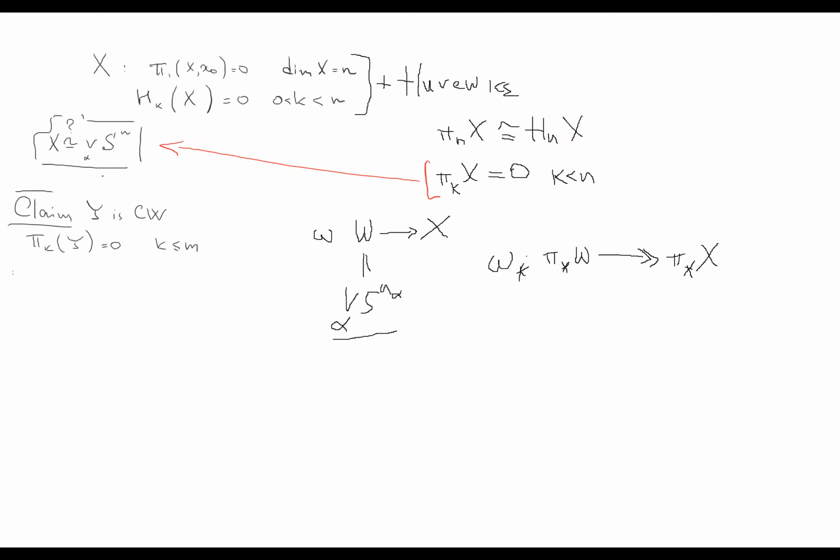Then I claim that Y is homotopy equivalent to a CW complex with no cells in dimensions less than or equal to m.